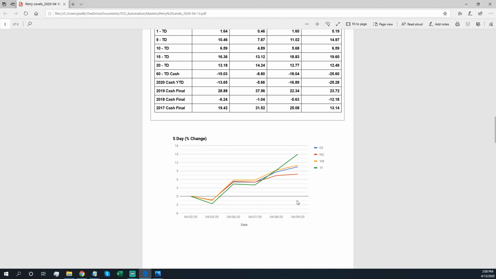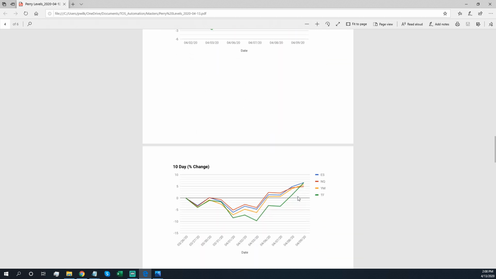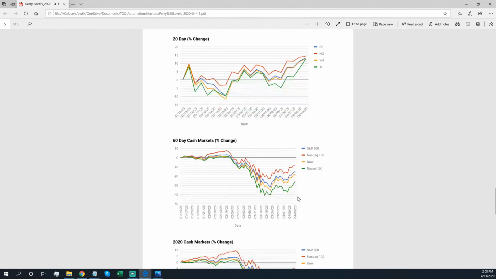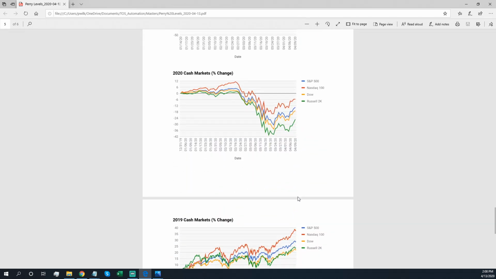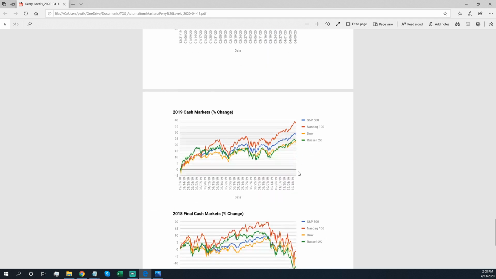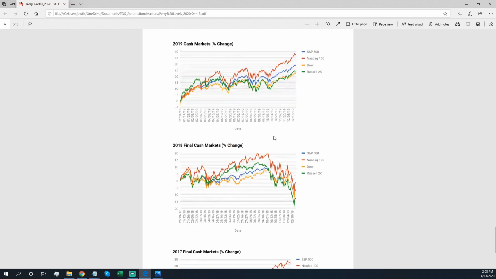So you can analyze, who's outperforming, where can you get alpha? If you want to be in a little bit safer, where would you like that to be? Who's volatile, who's not? Are they moving together? Are they moving apart? Or is there divergence between them and whatnot? So you can go through here. And at the bottom of it, we have year to date as well, how they're performing. And then we've got 2019, 2018, and 2017 as just historical references for you.